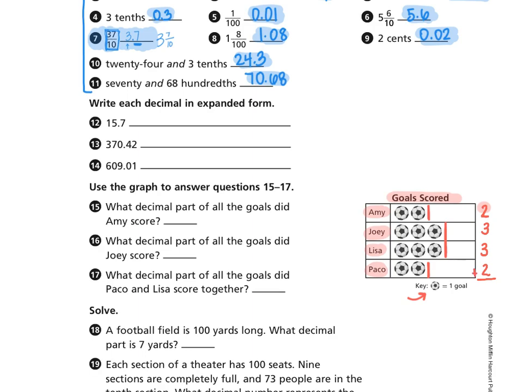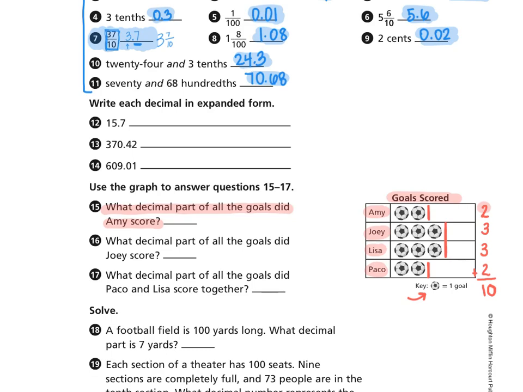Asa, can you tell me how many total I have all together? You have 10 goals altogether. Okay, so all in all, we have 10 altogether. Thank you, Asa.